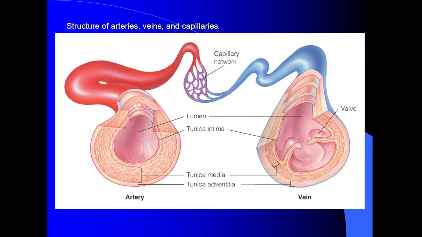On this picture you can see the structure of arteries, veins, and capillaries. Here you can see the capillary network, lumens, tunica intima, tunica media, tunica adventitia in arteries and veins, and the difference in it. And here you can see valves.